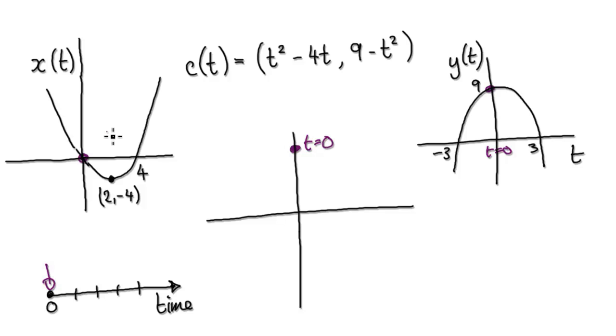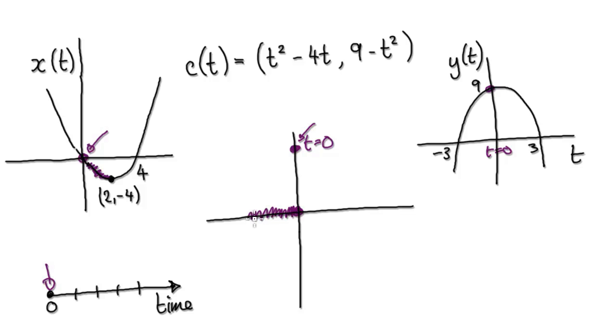But then imagine you're here, looking at the horizontal component only. Because x is negative, you're going to move to the left.